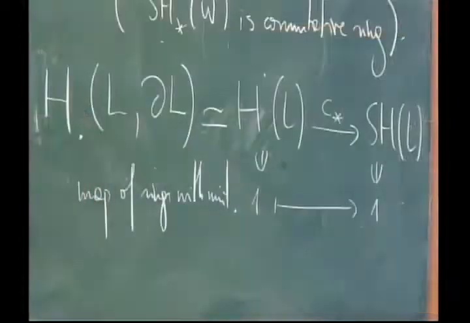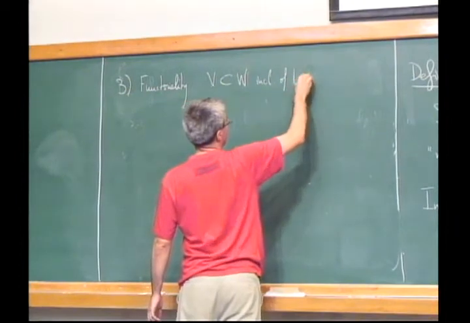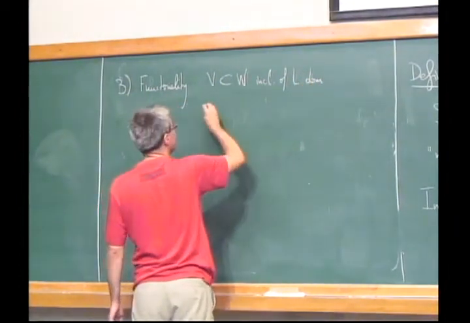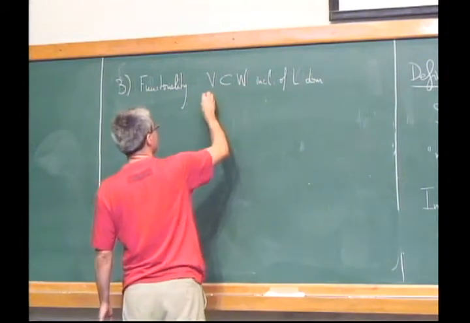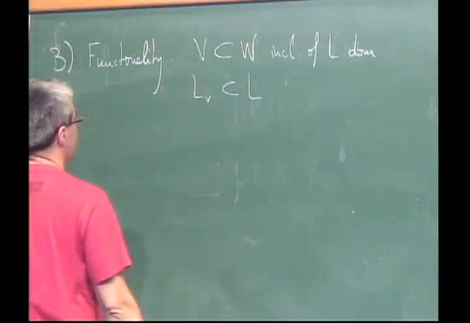Commutative diagram. So 3, functoriality. If you have V, an inclusion of Liouville domains, and then you have here LV, which is contained in L, as before.